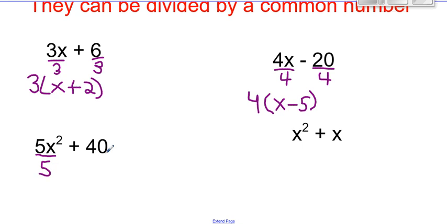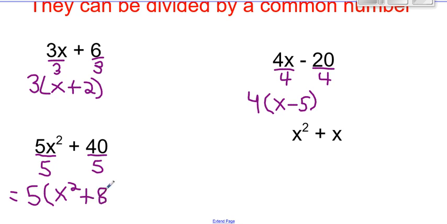So what we're going to do, and I should really be putting some equal signs here, is bring that 5 out front as my common factor and open my bracket. 5x squared divided by 5 becomes 1, so I'm just left with x squared. And then 40 divided by 5 is 8, so I'm left with 8. So now if I take out my common factor, I have 5 bracket x squared plus 8.